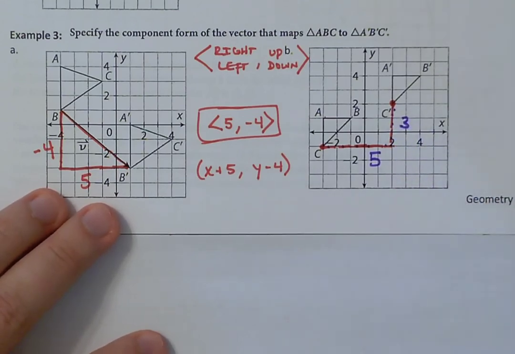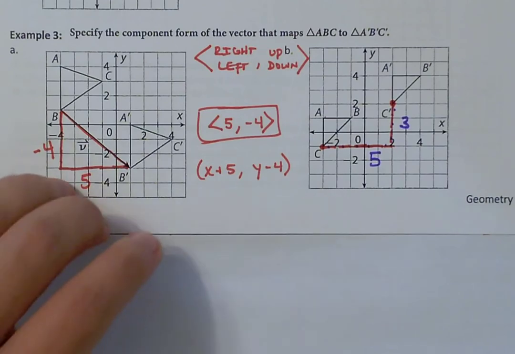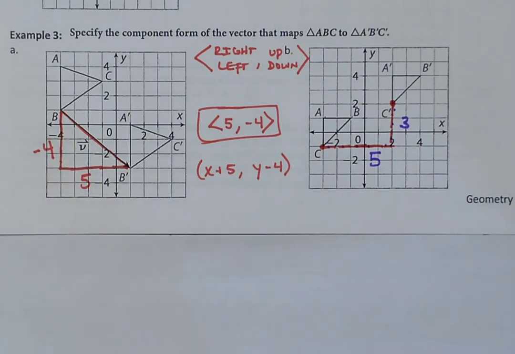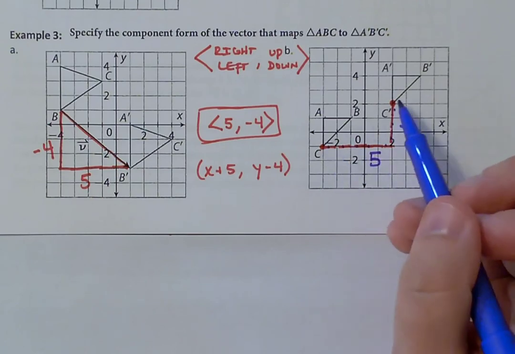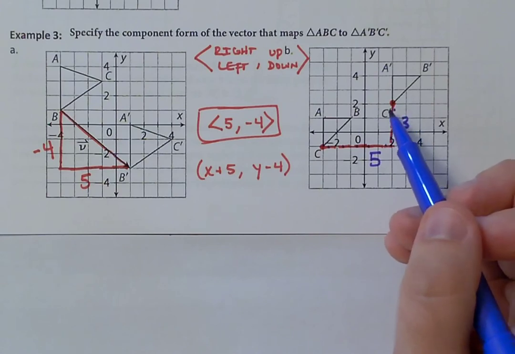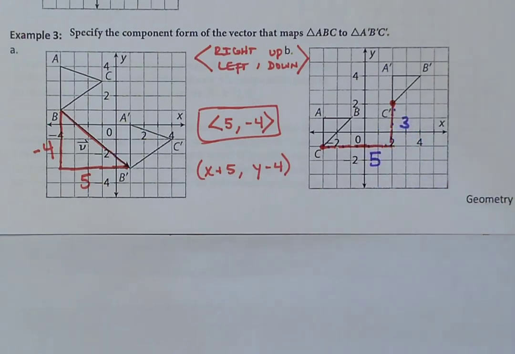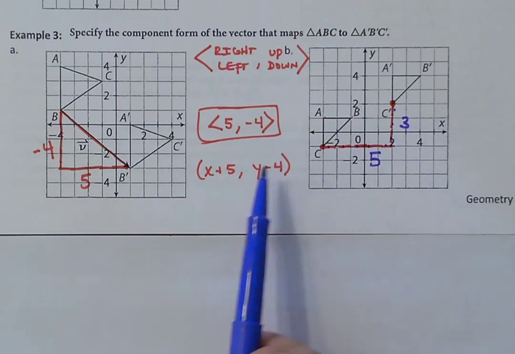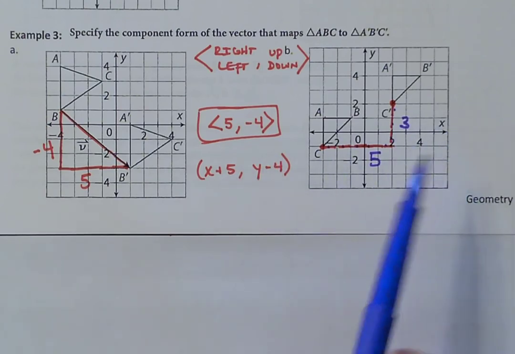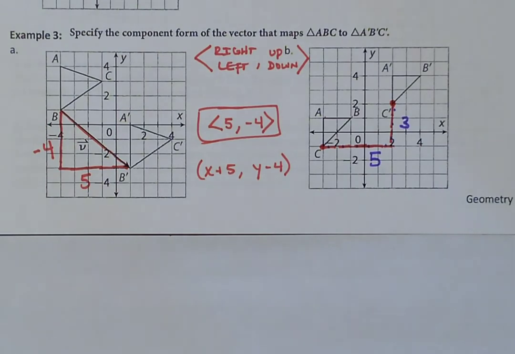Because I went to the right, that's positive. Because I went up, that's positive. Okay, you're going to start at the pre-image point, and you're going to work your way to the prime or the image point. So I will leave for you to go through and write it in vector form per part B, and also go through and put it in coordinate notation. As always, you can take a look at my completed notes.